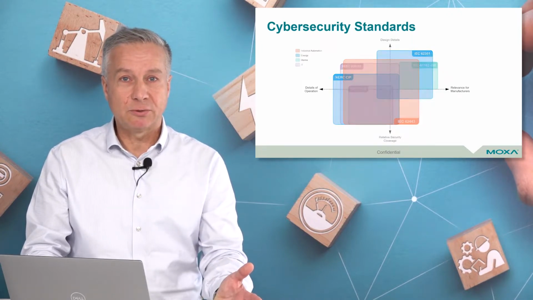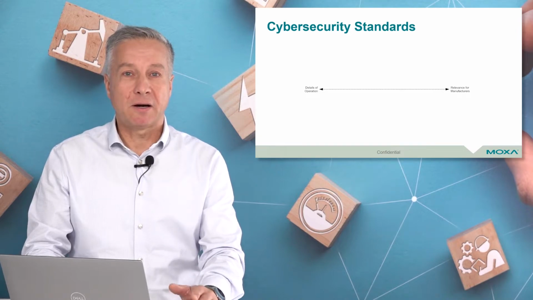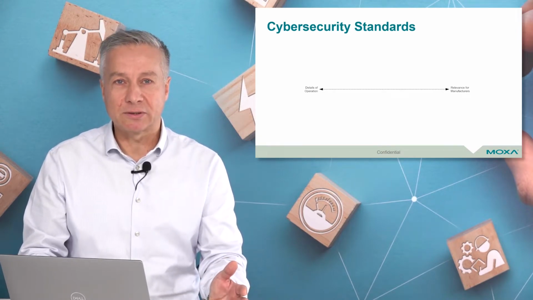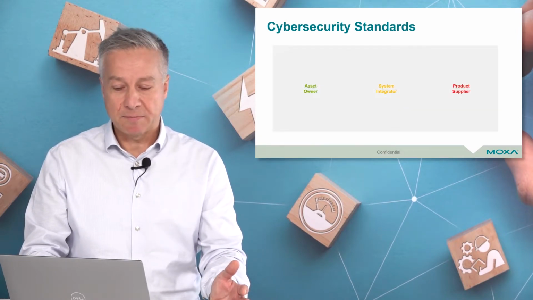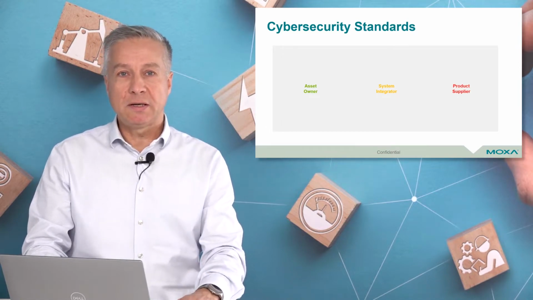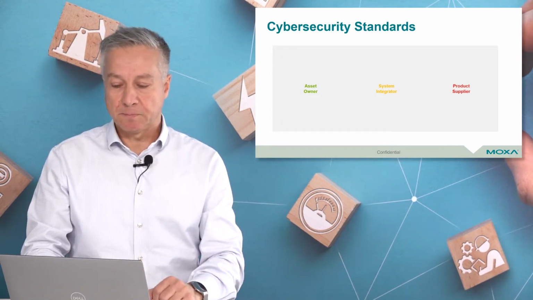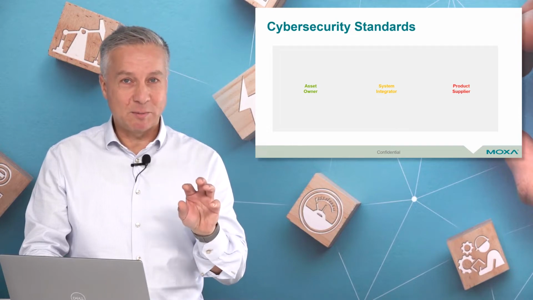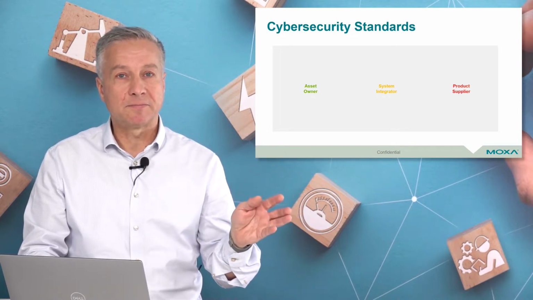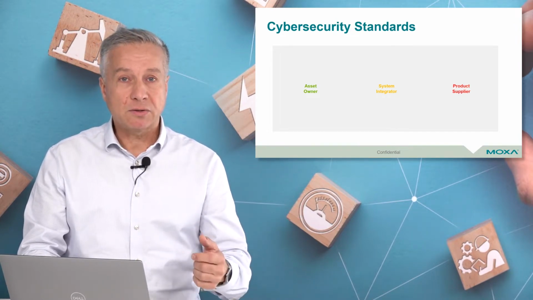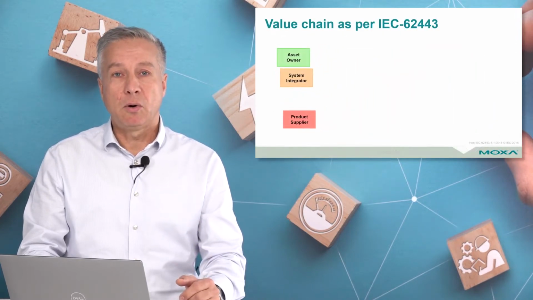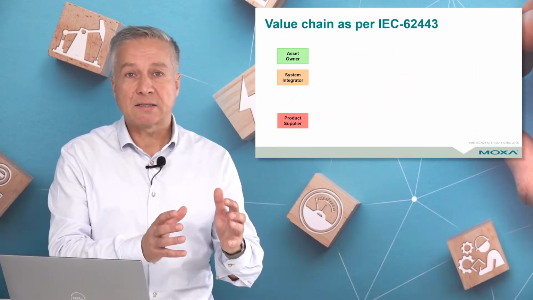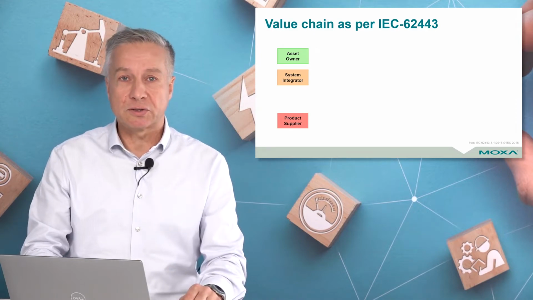So we stick to the horizontal axis because this is the axis of the stakeholders, the axis of the value chain. And IEC 62443 defines three different players: product suppliers, system integrators, and asset owners. They also say quite clearly what the task of each of these stakeholders is.